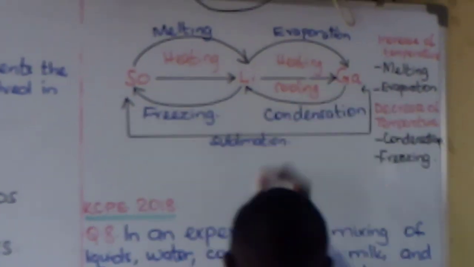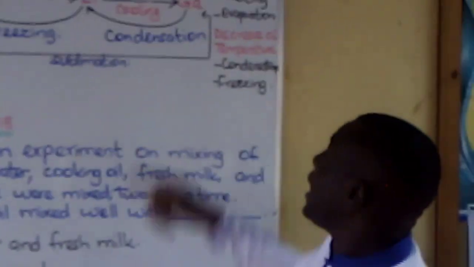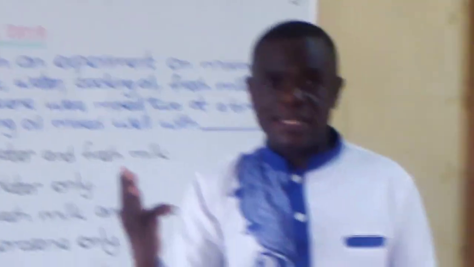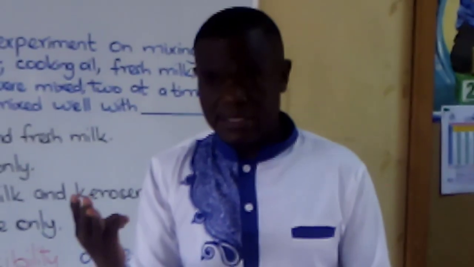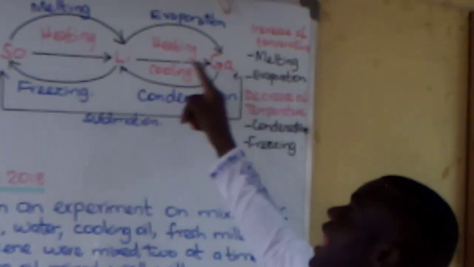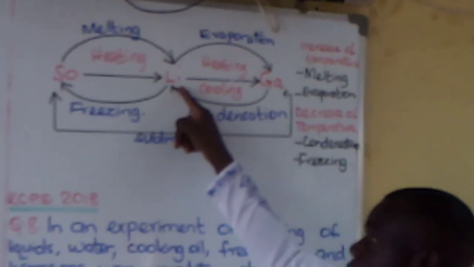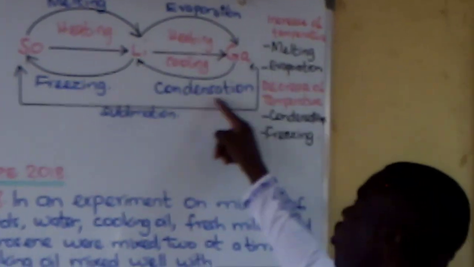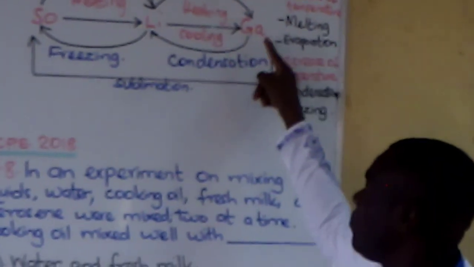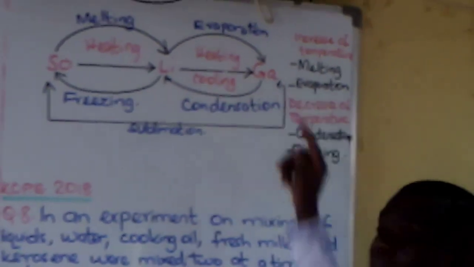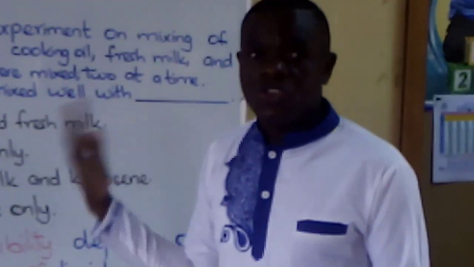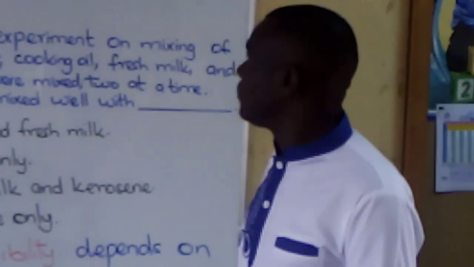When you cool a gas, the gas changes its state. It becomes a liquid through a process known as condensation. This is just a reminder, boys and girls, you have learned this in class 7.